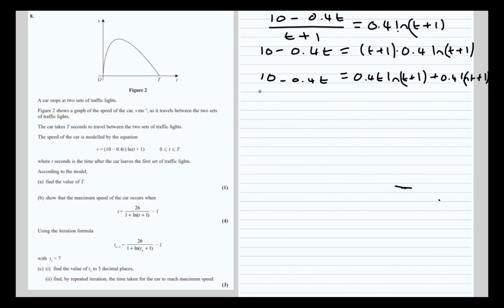So let's multiply through by 2.5. So 25 minus t equals t ln(t plus 1) plus ln(t plus 1). Now we can get these t's on the same side. I'll move them both over to the right side. I'm going to take away ln(t plus 1) from both sides, and add t to both sides.